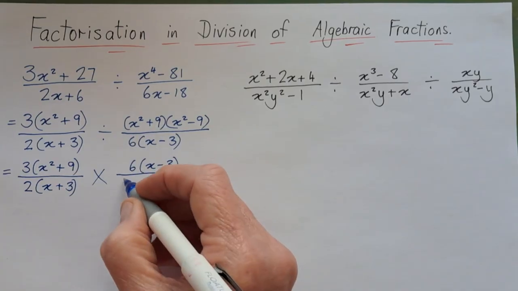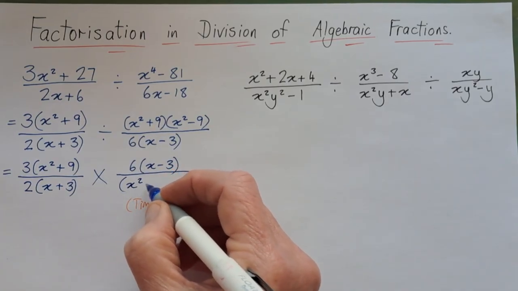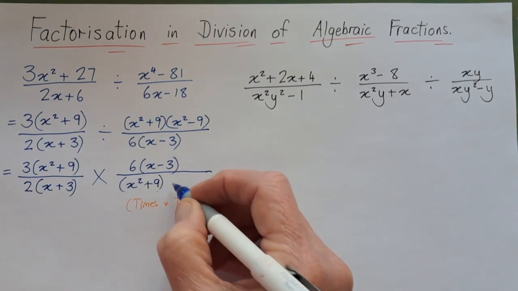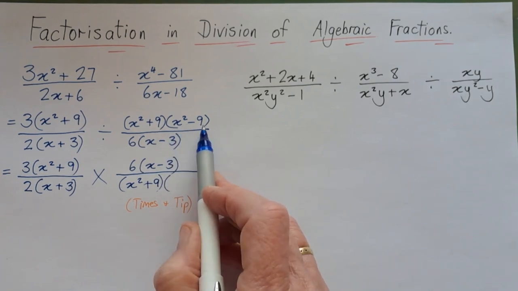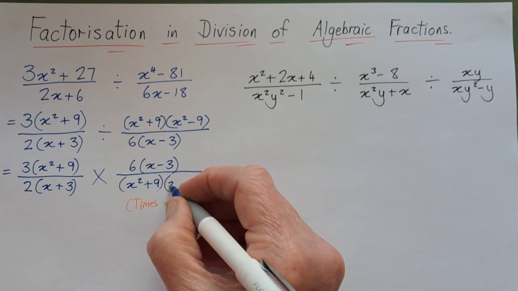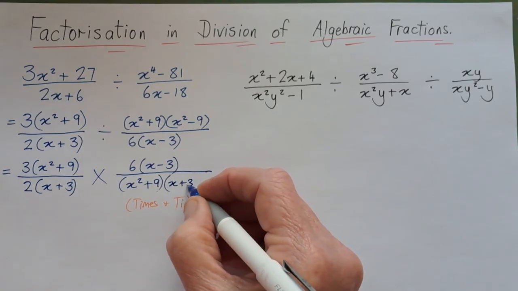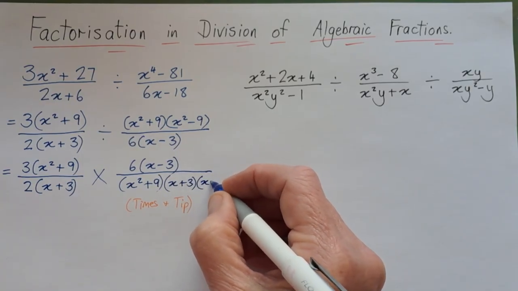Remember, that is not factorizable, so I just write it down as it is. And then x squared minus 9 is a difference of two squares, so it's going to become x plus 3, x minus 3.